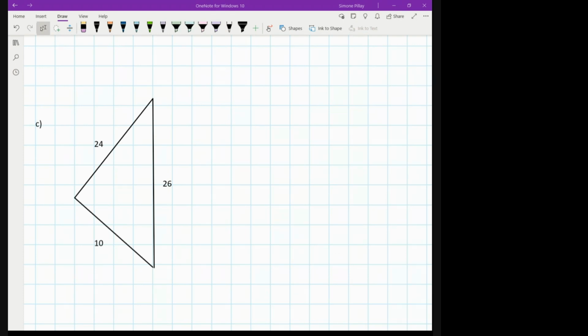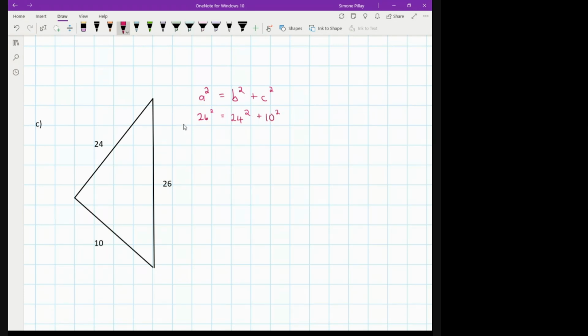Yes, ma'am. We say A squared is equal to B squared plus C squared. 26 squared is equal to 24 squared plus 10 squared.